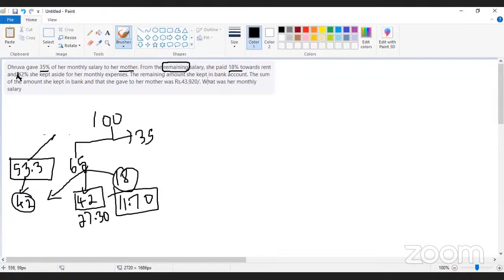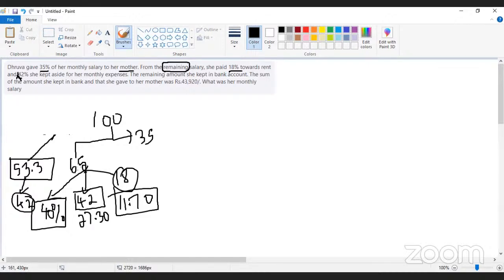Okay, the remaining amount, she kept in her bank account. So she has remaining money. What is the remaining percentage now? 42 gone, 18 gone, that is 60. Then the remaining is 40%, right?